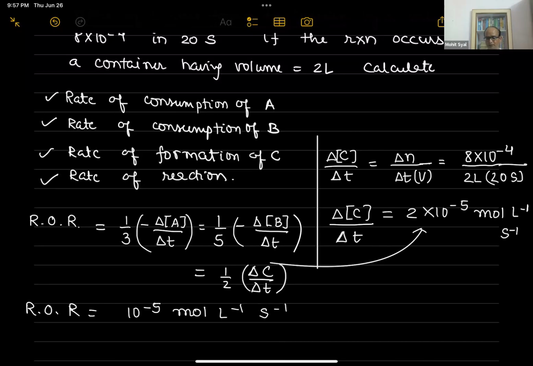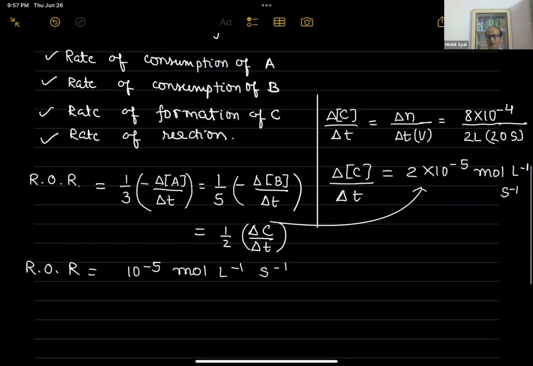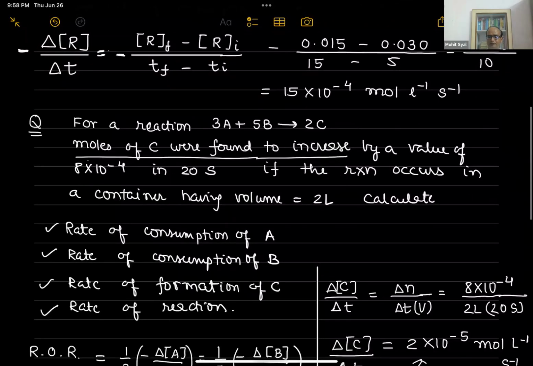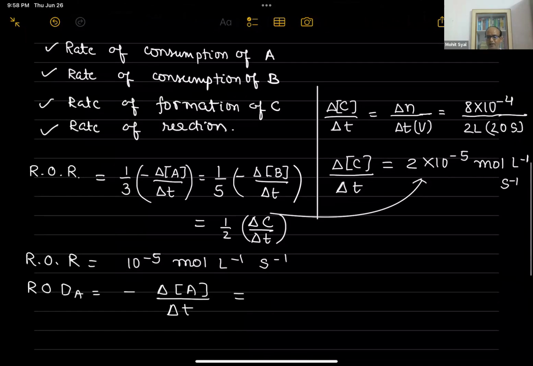This is the rate of the reaction, and the rate of disappearance or consumption of A, that is minus delta A by delta t, is equal to 3 times this value, and we cross multiply.